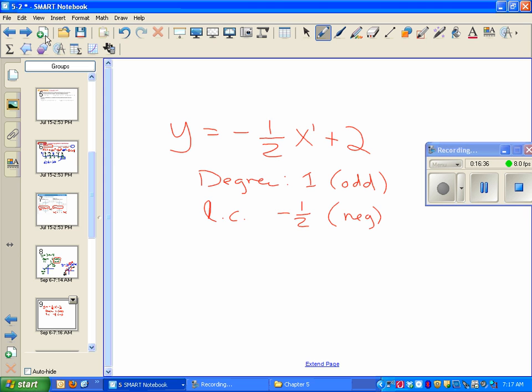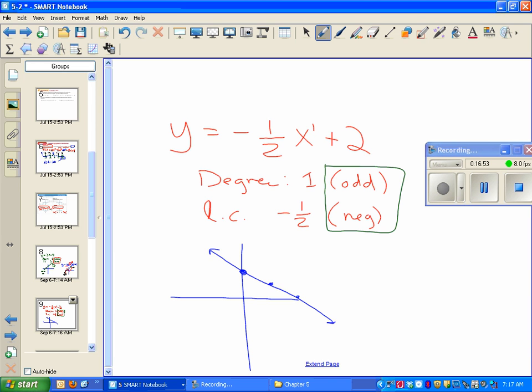The only thing you need to know for end behavior is if the degree is odd and the leading coefficient is negative or positive. So when we graph this, we start with the y-intercept of 2, and we're going down 1 over 2, down 1 over 2, and we get a negative slope. So see if you can pick out the end behavior. All right, so the end behavior starts high and ends low. Okay. So any odd function is going to follow that pattern.